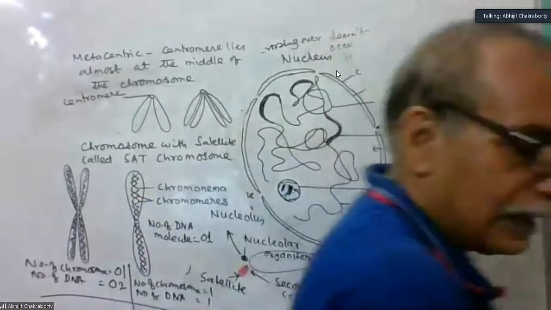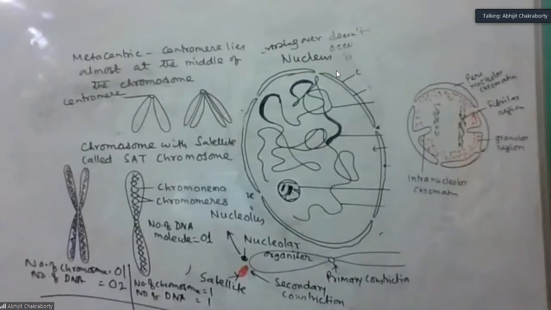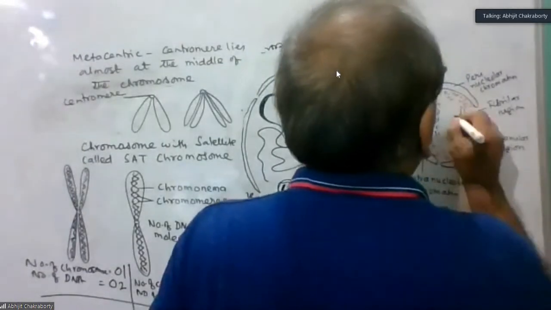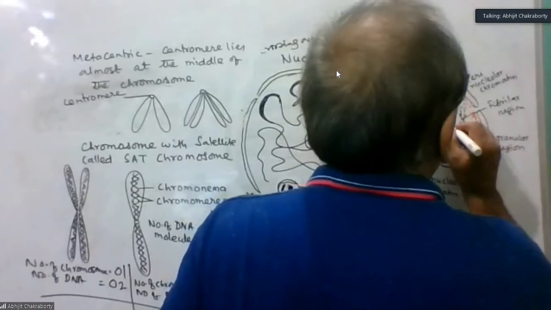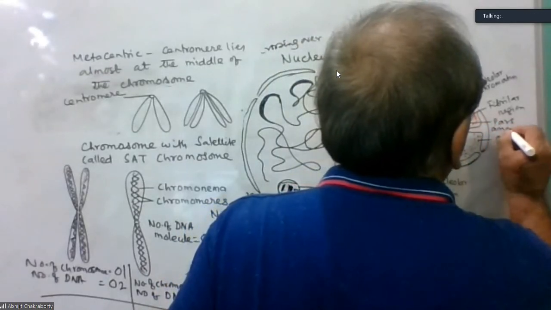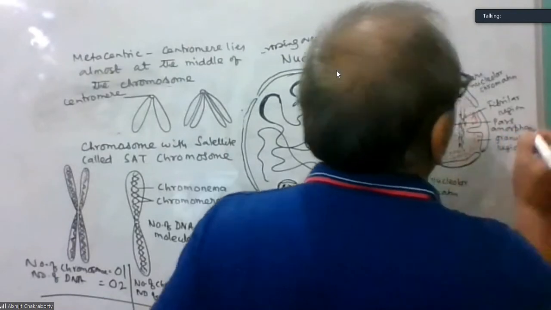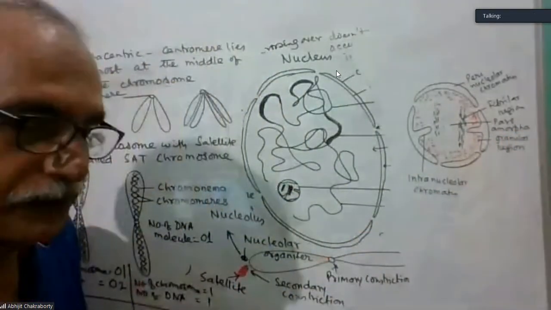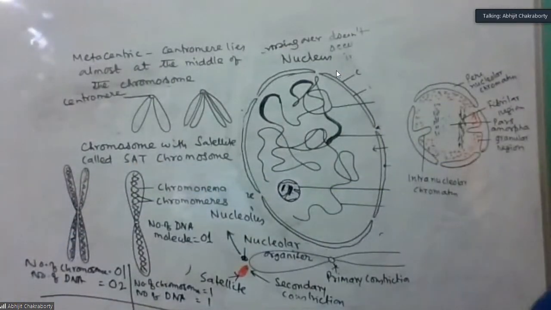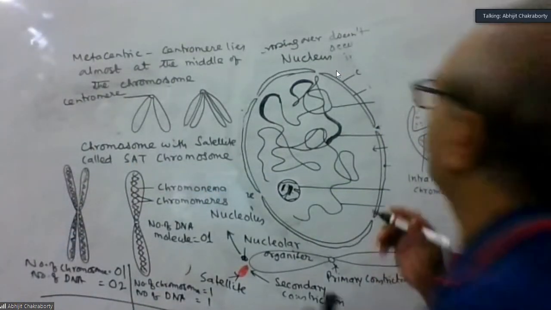Then in the center, you will get the pars amorpha. This area is called pars amorpha. So there are specific regions here, as I told you.